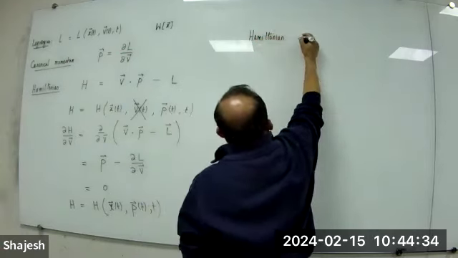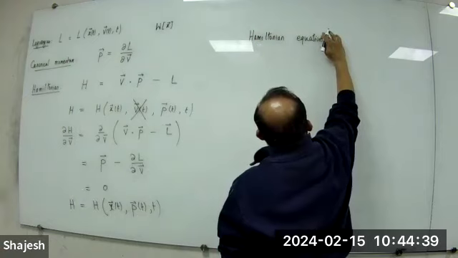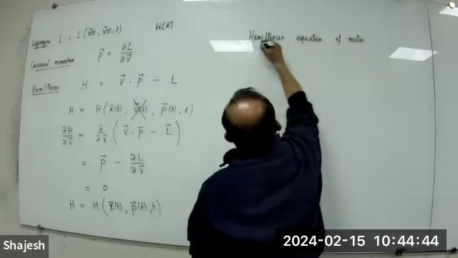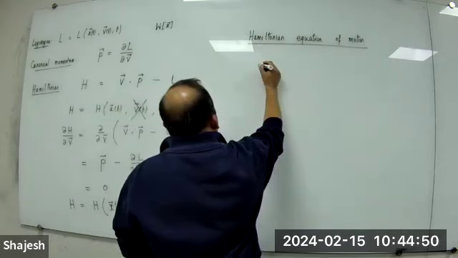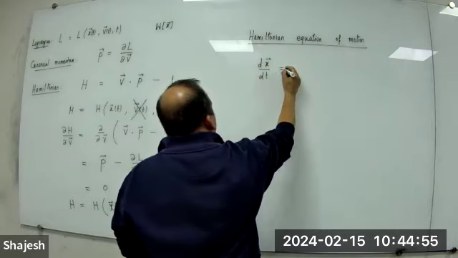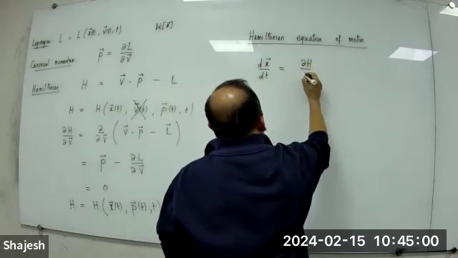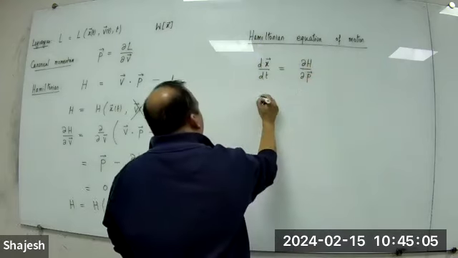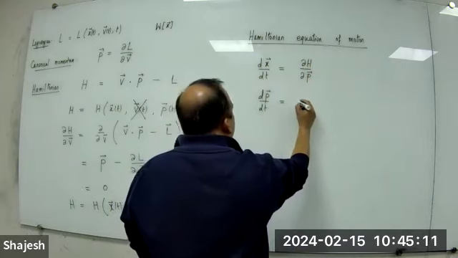Because in your homework you need the Hamilton equations of motion. Maybe I'll do an example and then I'll stop. dx by dt is equal to the partial derivative of the Hamiltonian with respect to momentum, and dp by dt is equal to negative of the partial derivative with respect to x.